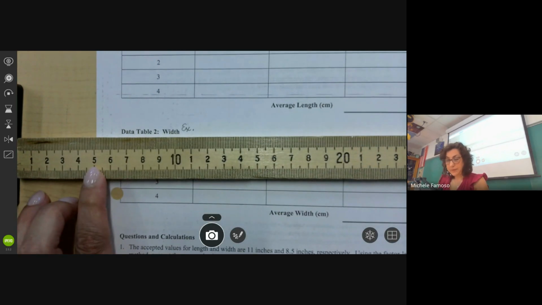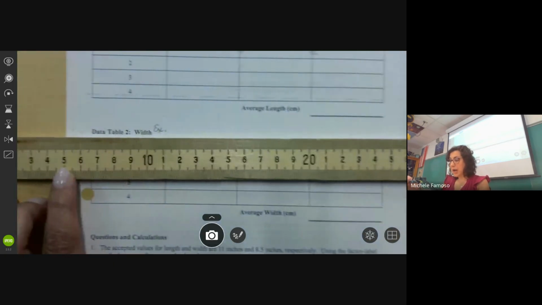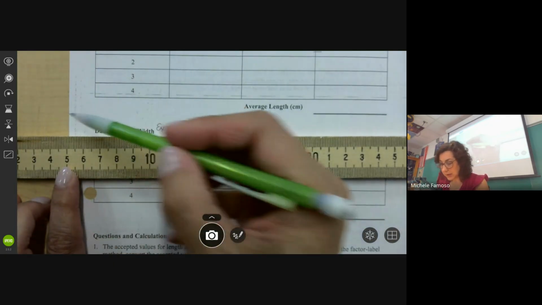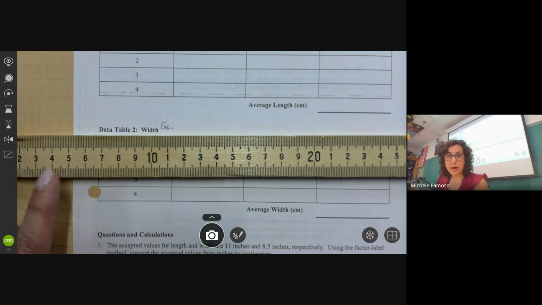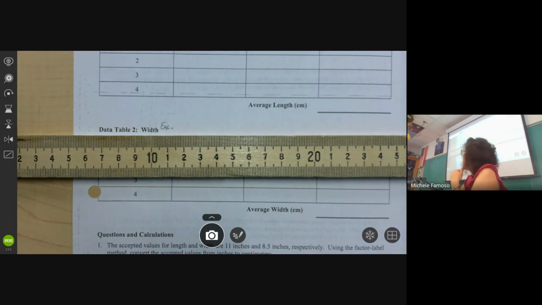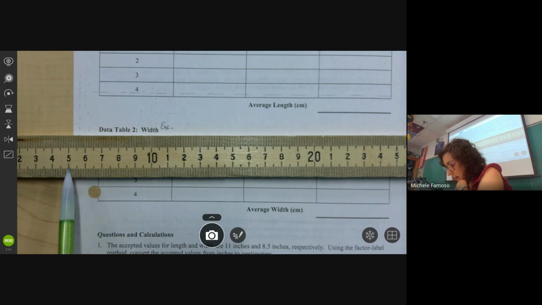My camera is over the top of it, but make sure it is lined up. That is lined up. That 5 is over the left edge of this paper. Does it look that way to you on the camera? This 5 here, that line does not look like it's lined up with this edge of the paper. The paper looks like it's too far to the right. Yes, it's not. It's exactly on top.